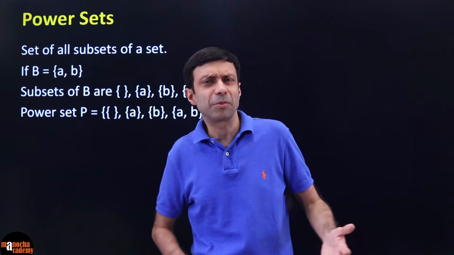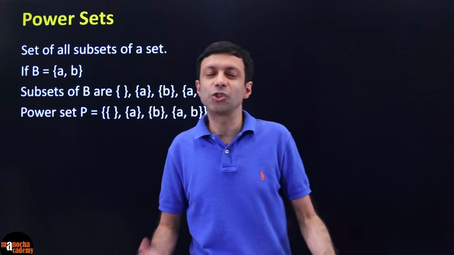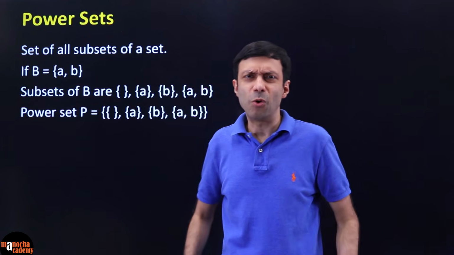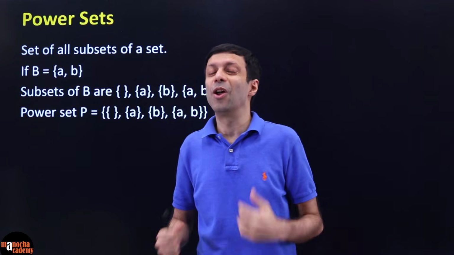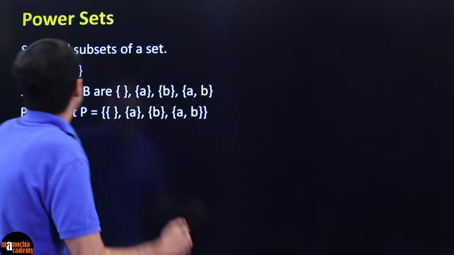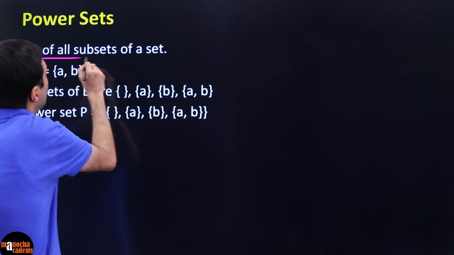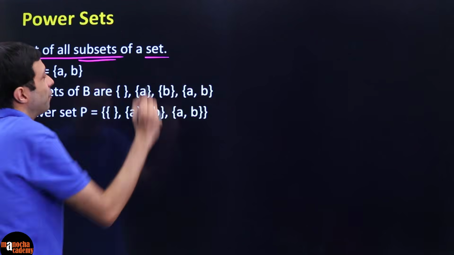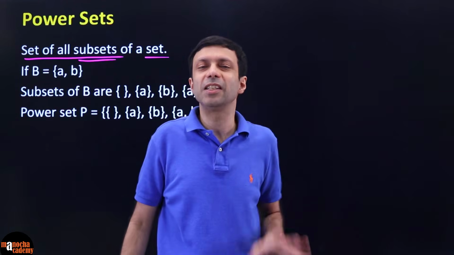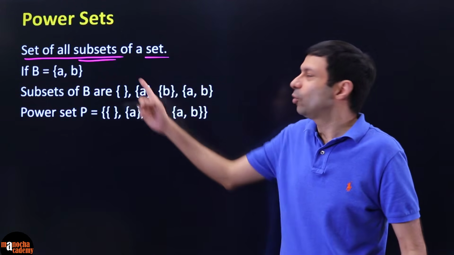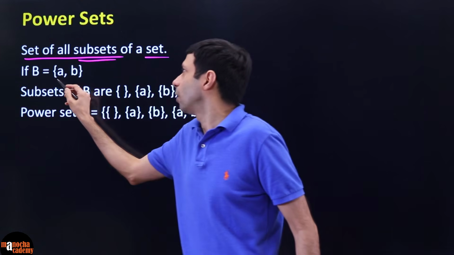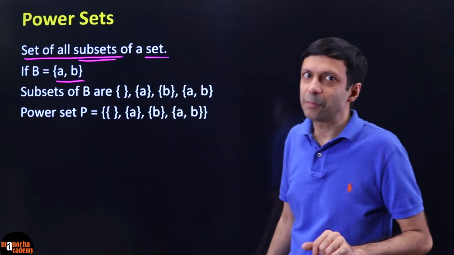We have talked about subsets and supersets. Now let's talk about power sets. Power sets are like powerful sets. Why? Because power sets are the set of all the subsets of a given set. Let me explain this with a very simple example. Let's say you take a set B containing A comma B. So what are going to be the subsets of B?